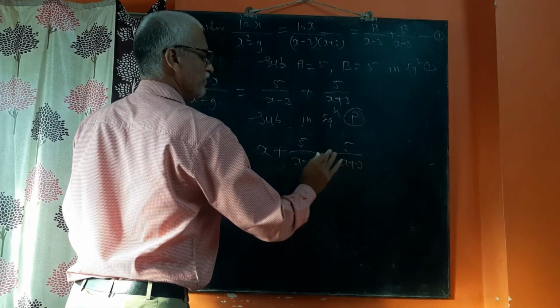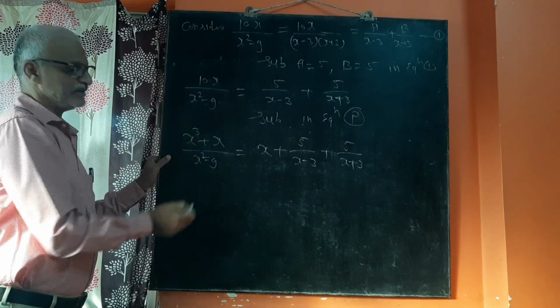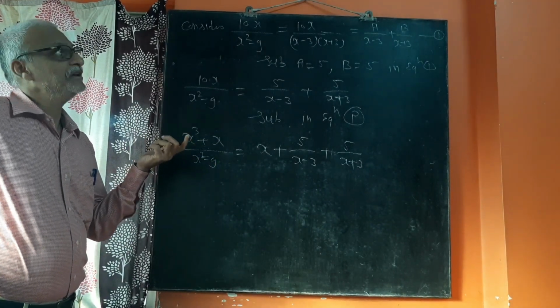These are the partial fractions of x cube plus x upon x square minus 9, which initially is in the improper form.